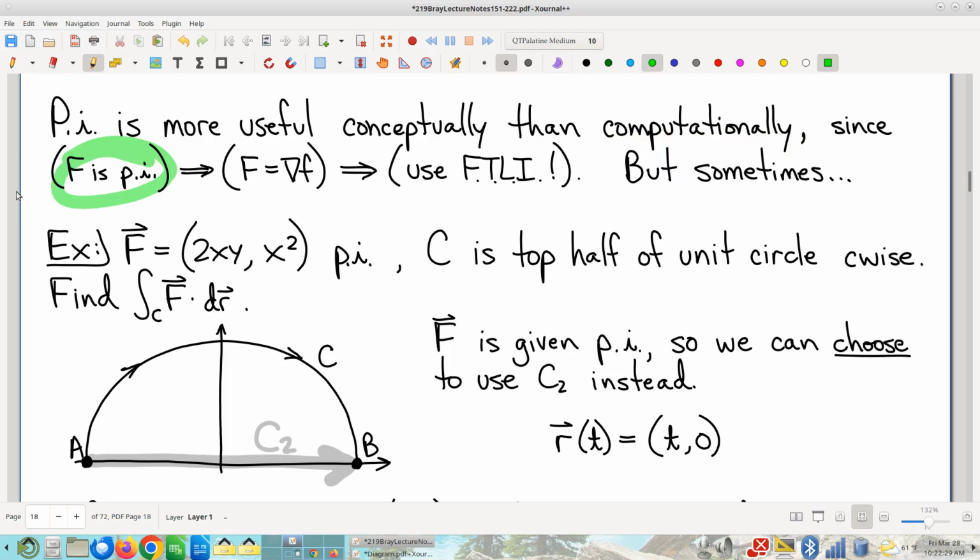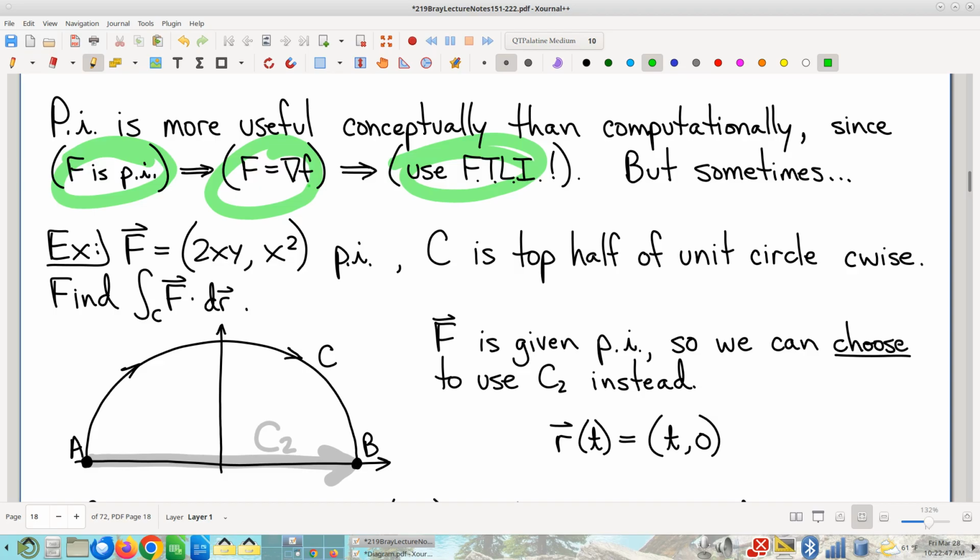Well, if it's path independent, it's a gradient. If it's a gradient, you can use the fundamental theorem of line integrals. The fundamental theorem of line integrals is already awesome, right? So computationally, we already have a really awesome answer.